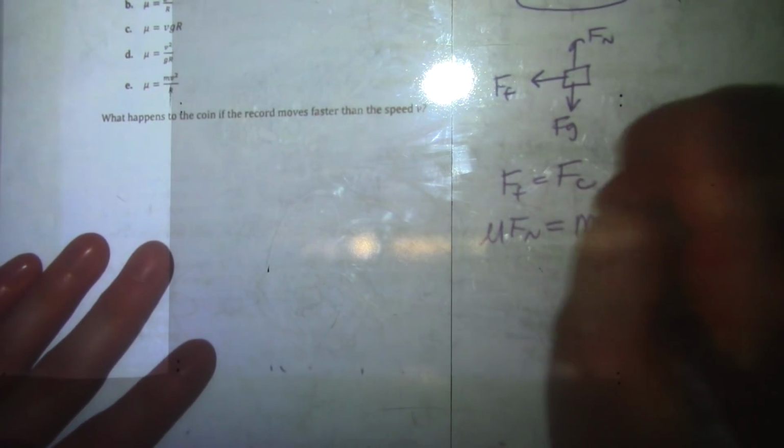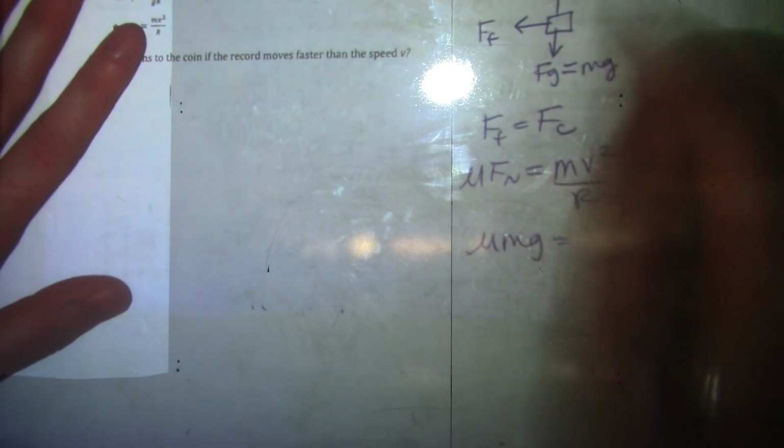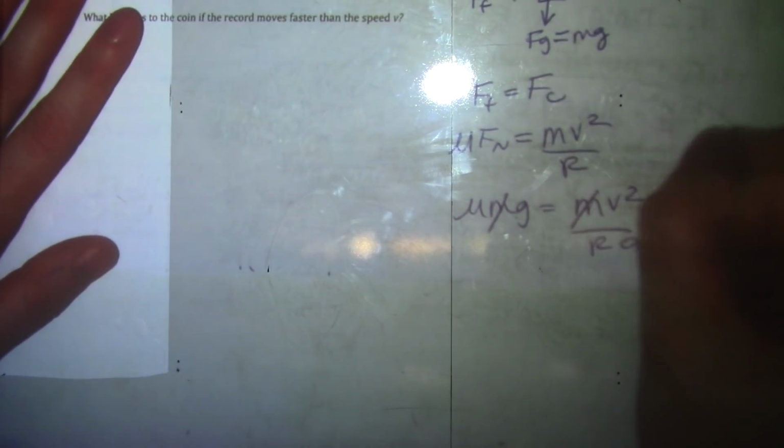Friction is mu Fn, centripetal is mv squared over r. My Fg here, because we're just on Earth, is going to be mg. So I have mu mg, because normal would just be balanced out, equals mv squared over r. The m's divide out, move the g over. So then mu is just v squared over rg, which is D.